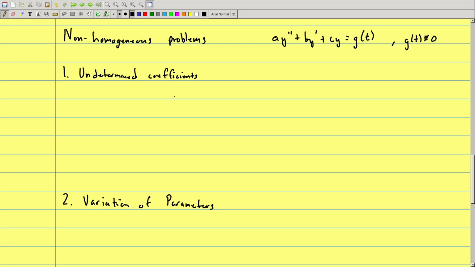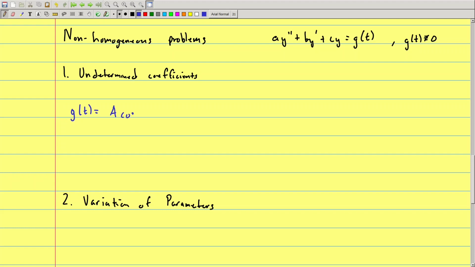Okay. For the method of undetermined coefficients, we look at right-hand sides that are in some sense nice. And I'm making finger quotes with my hands for those of you who can't presently see me.